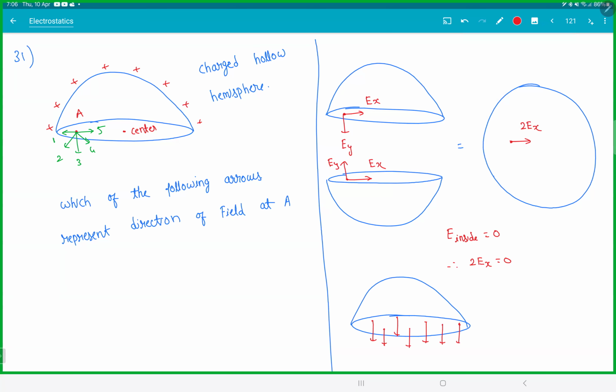So let the field be Ex and Ey. Take one of them and join them. Net is 0. The only way this is possible, Ey will cancel, Ex will not cancel. They will add up actually. Is this thing making sense, everyone?